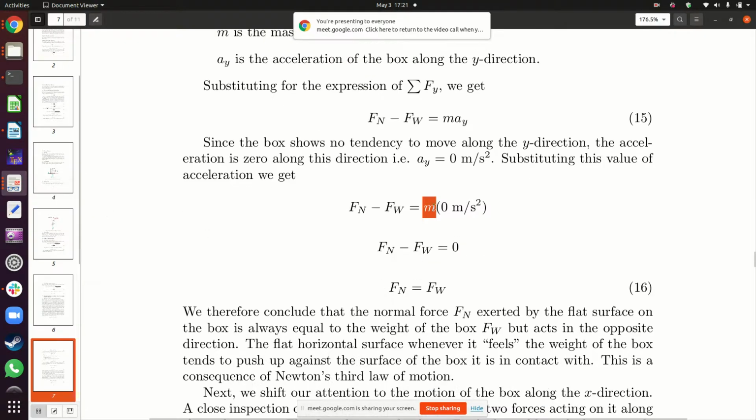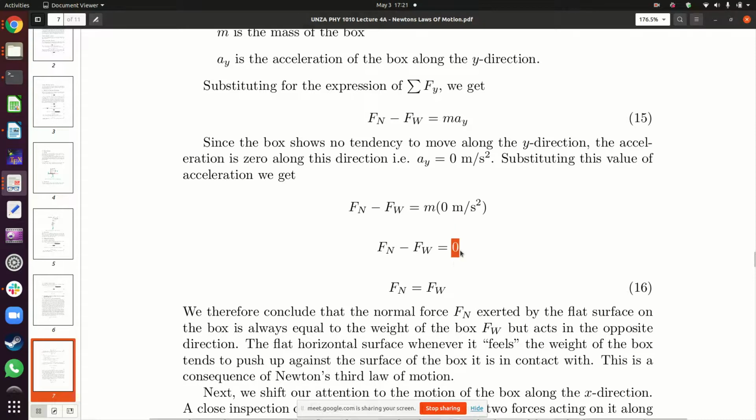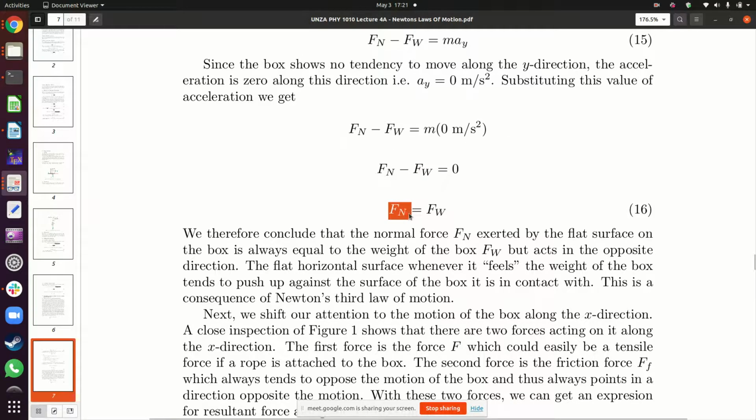Mass multiplied by 0 gives us 0 on this side. With that, we end up having the normal force minus the weight of the box equals 0. And when you take the Fw to the other side, you end up with this result, which is the normal force is equal to the weight of the box.